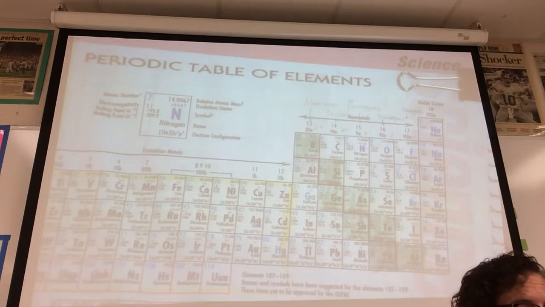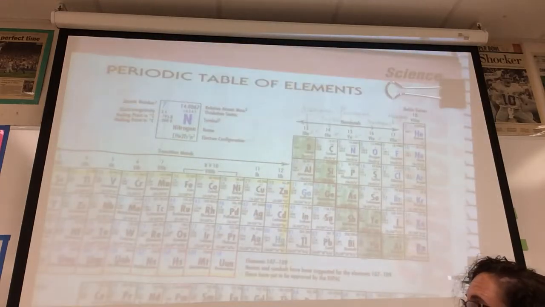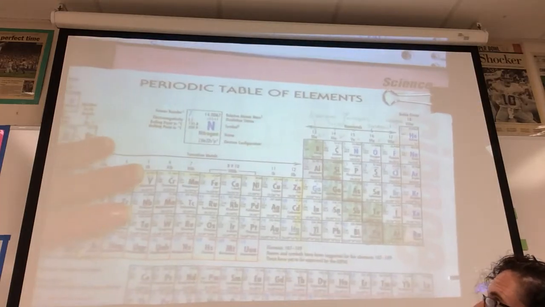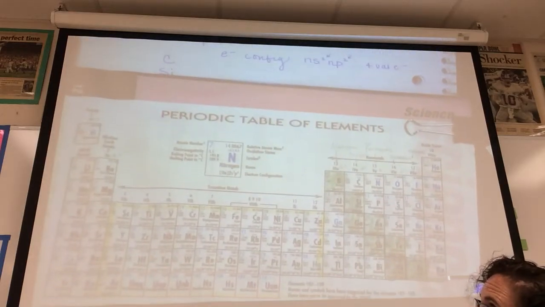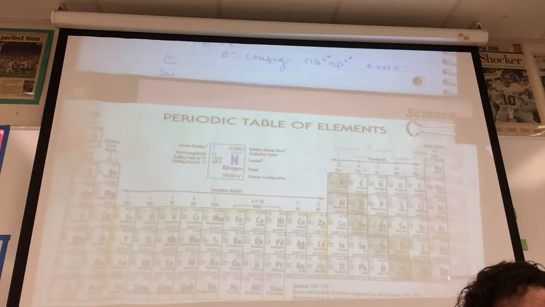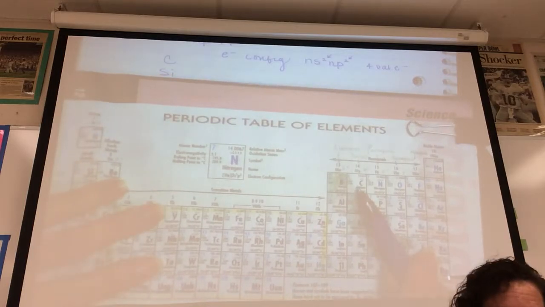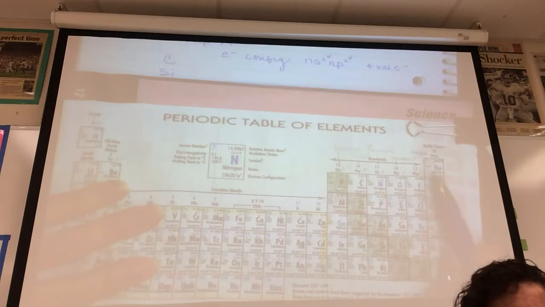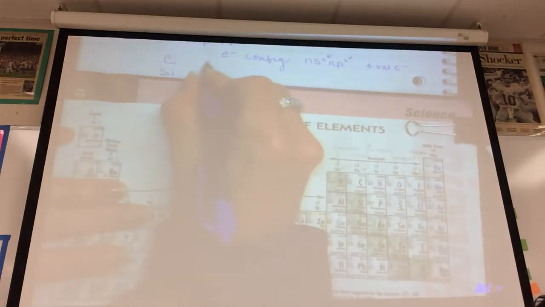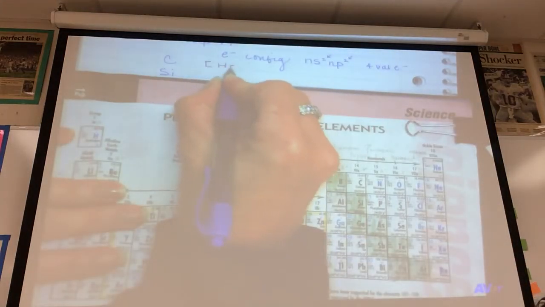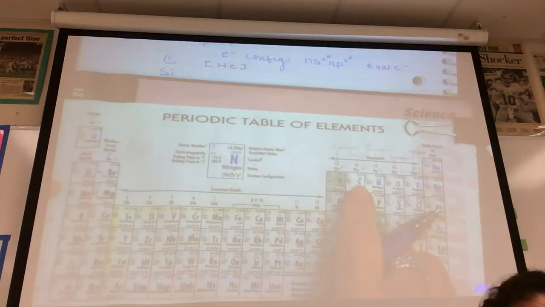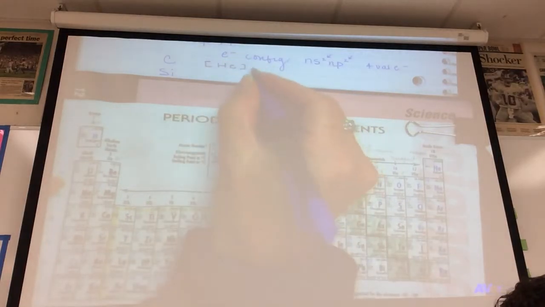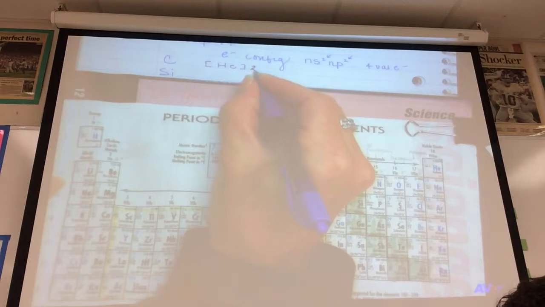When you write the electron config for carbon, right here, you go all the way across and up one, and you put that noble gas, which is helium, in brackets. Then carbon is in the second row or period, so the number after the brackets is 2.